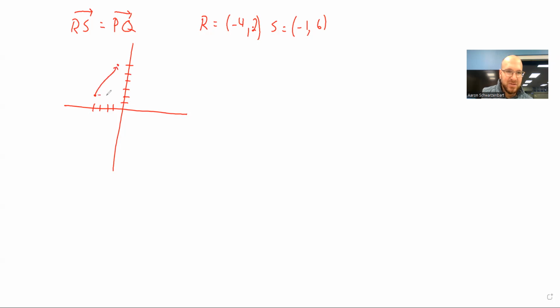I can think of it in component form, which is going to be the easiest to compare, as RS, this arrow above it does mean vector, is 3 to the right and up 4. Let's take a look at P is 2, -1. And Q is 5, 3.